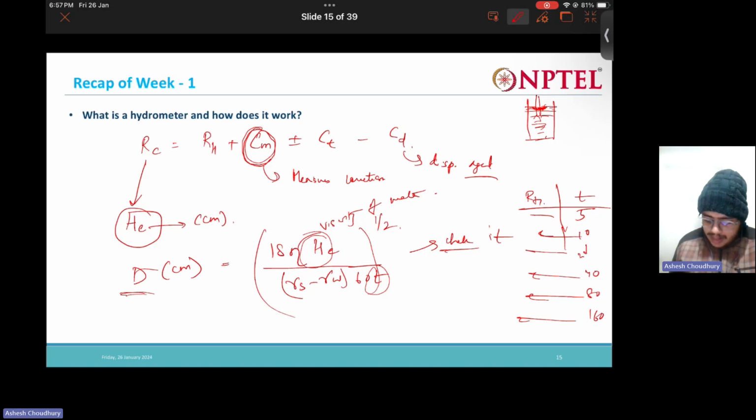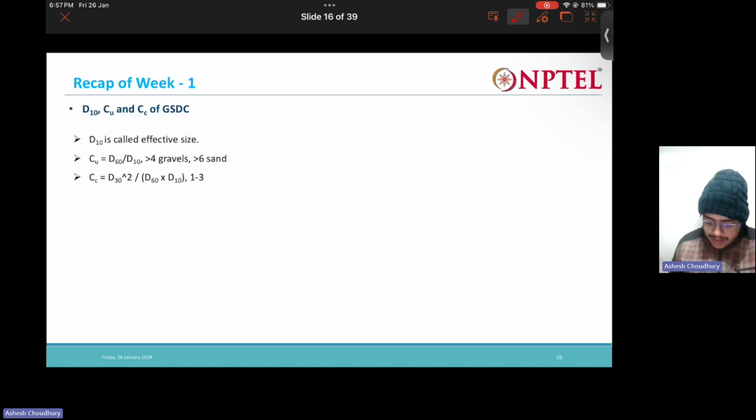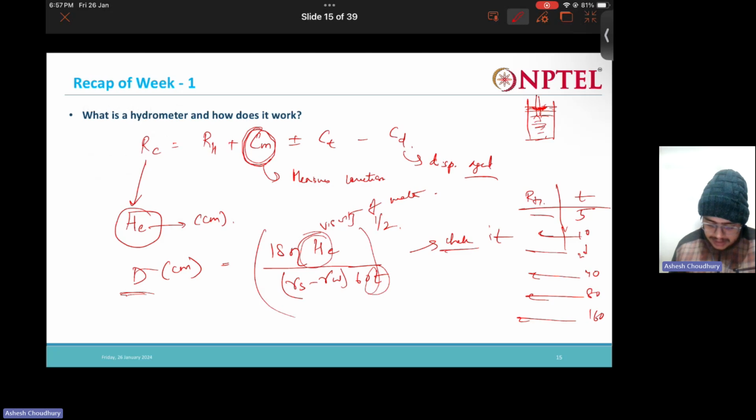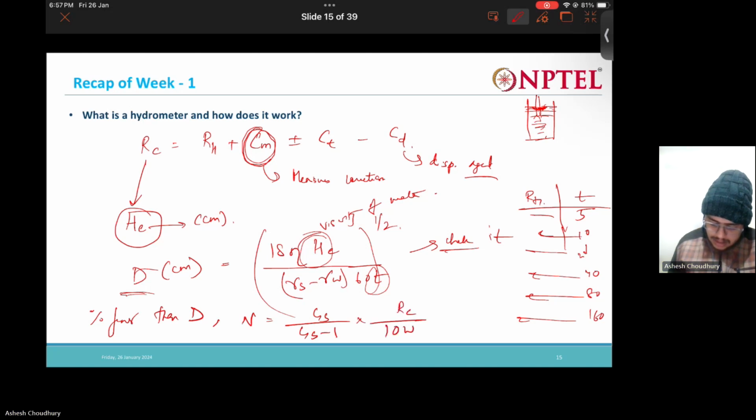After we have determined D, we can get the percentage finer. Percentage finer than D, N, is equal to GS by GS minus 1 into RC by W into 100%. What is this W?